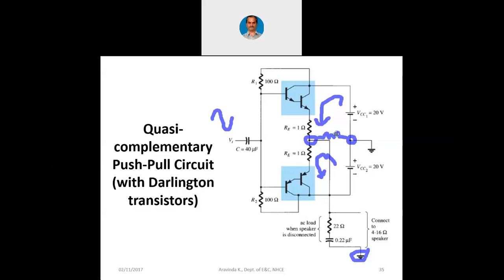Why do we say it is quasi-complementary? The earlier push-pull circuit which I showed you, which was class B with the crossover distortion, was completely complementary. In the sense there was an NPN and there was a PNP and there was no bias for those transistors. But in this case you can see there is a slight base bias for the transistors.